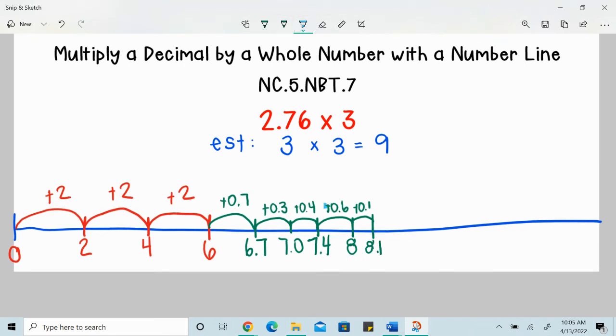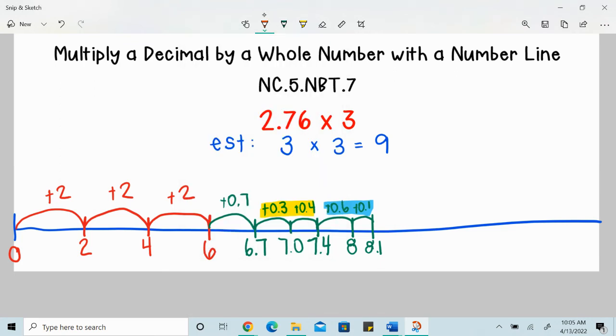So again, I decomposed the 7 tenths here into 6 tenths plus 1 tenth just to make it a little easier to add. And my second group of 7 tenths, I decomposed into 3 tenths plus 4 tenths to make it a little easier to work with as well. You might not need to do that. You might just jump the 7 tenths all at once and be able to work with that mentally. But otherwise, that is something that you can do.